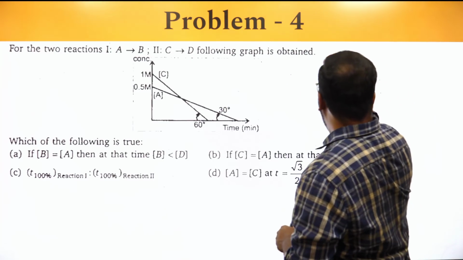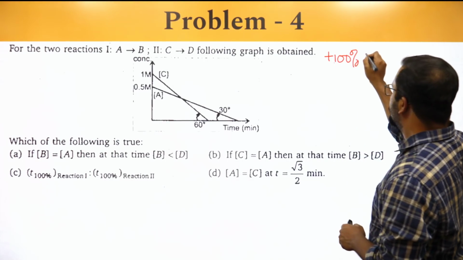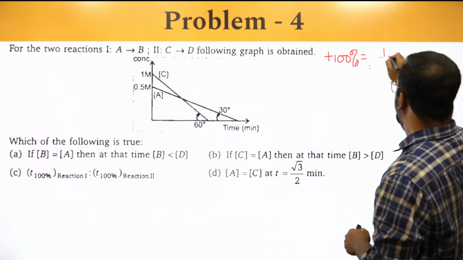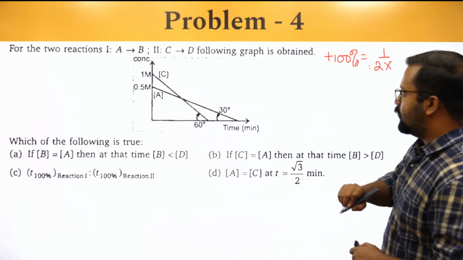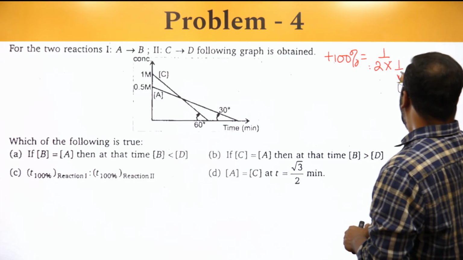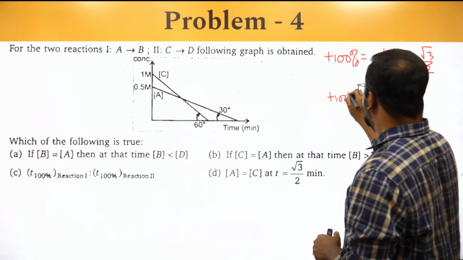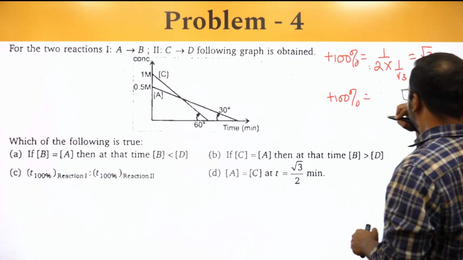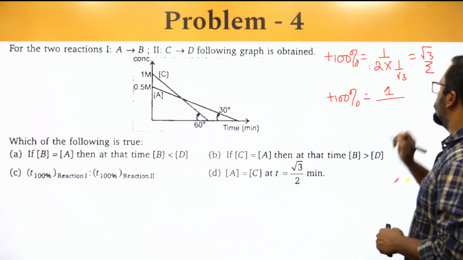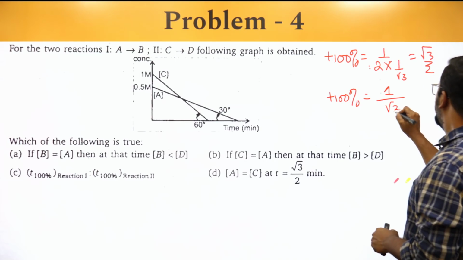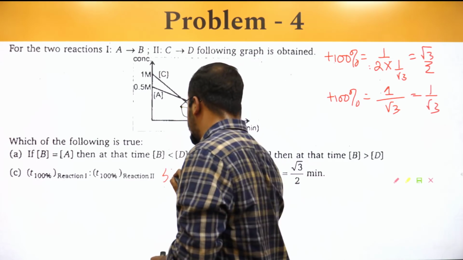Somebody is commenting that T 100% for the first one turned out to be 1 by 2 times 1 by root 3, that is root 3 by 2, and T 100% for the second is 1 by root 3. So this will be correct, 3:2.